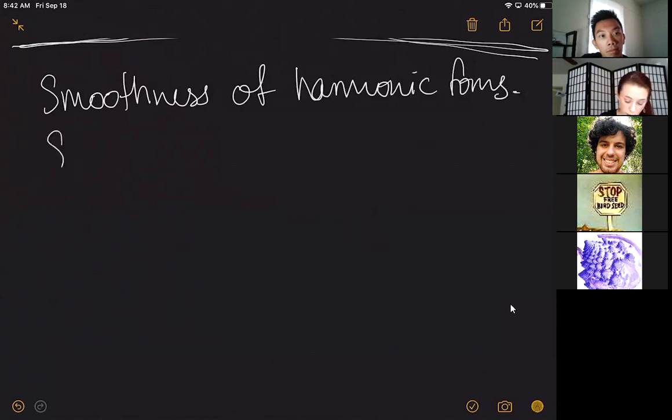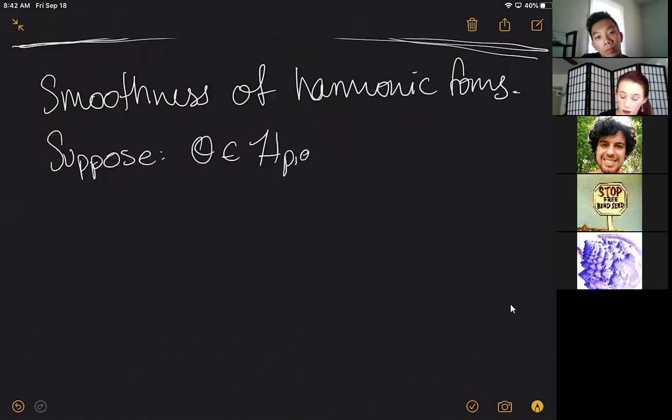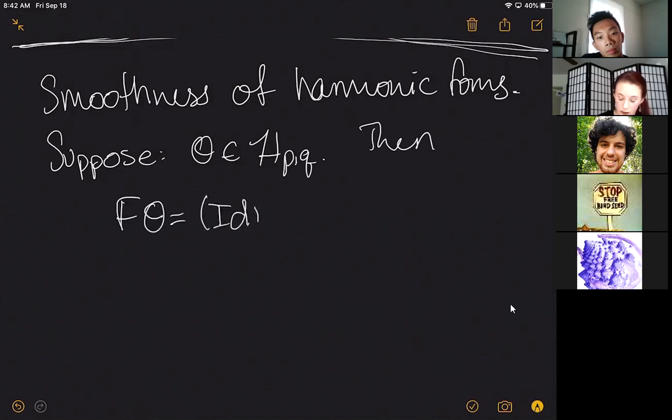Suppose we have a harmonic theta, then f of theta is equal to the identity plus box of theta, which is equal to theta is in the kernel of our extended box operator, so that part's 0, and then the rest is just theta.